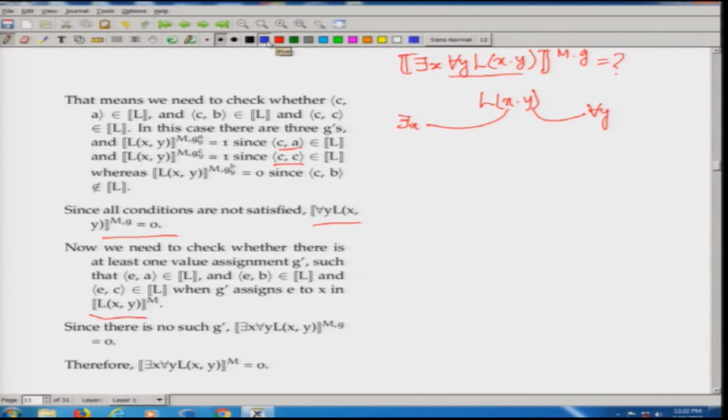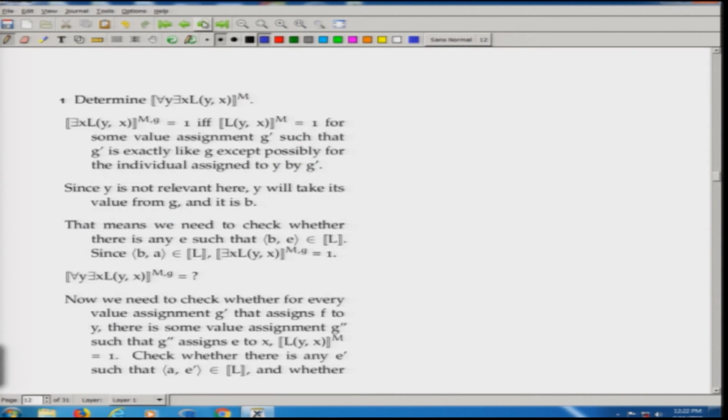So, for some x, we just check whether all y's are satisfied. That is, for some x, is it true that L x y is true for all the values of y? So, how to say this? We say it formally this way.